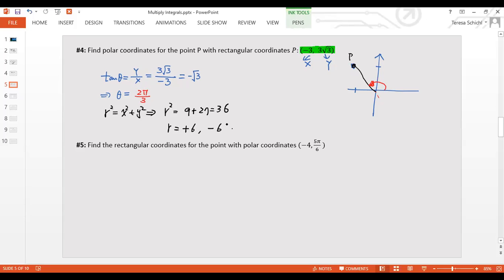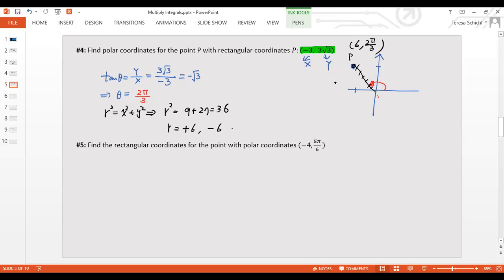Now let's take a look. We said theta here, because this one is in the second quadrant, theta is 2 pi over 3. So if it's 2 pi over 3, this is 6, so the point P here I can write as 6, 2 pi over 3.